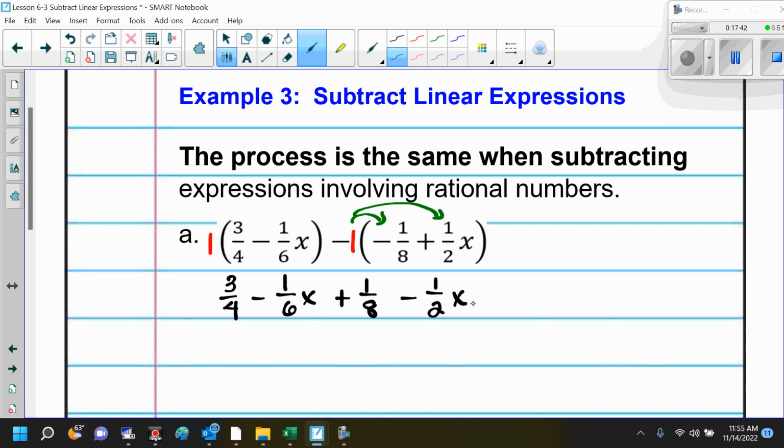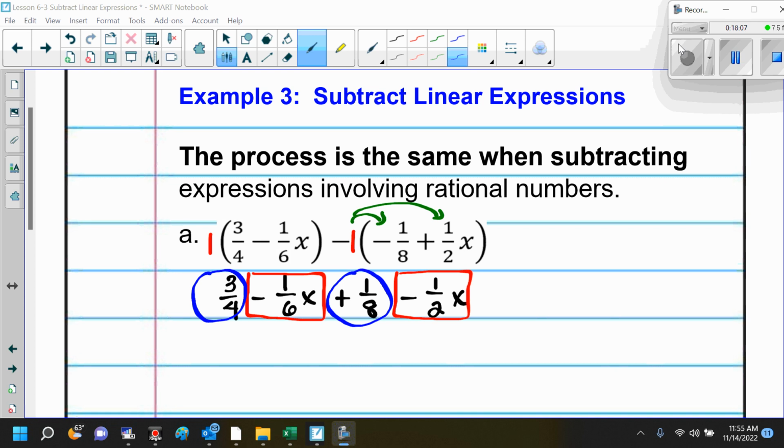Okay? So now, if we're looking at our like terms, we've got a negative 1/6 x and a negative 1/2 x. We also have a positive 3/4 and a positive 1/8.